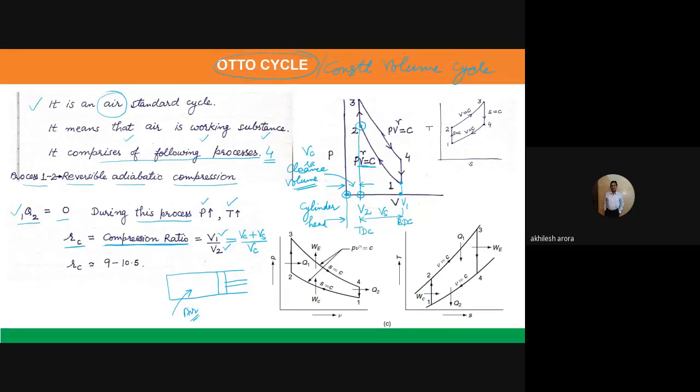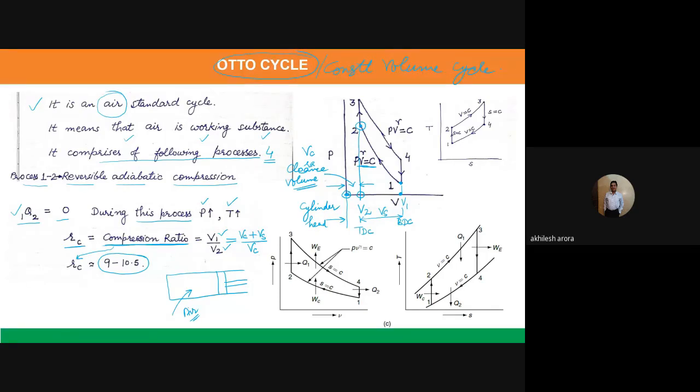The value of the compression ratio in the case of a petrol engine varies between 9 and 10.5. Basically during the compression stroke, we compress the initial volume of the air to 1/9.